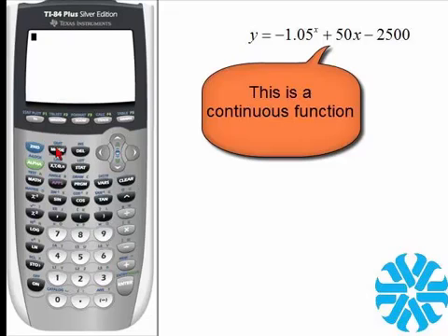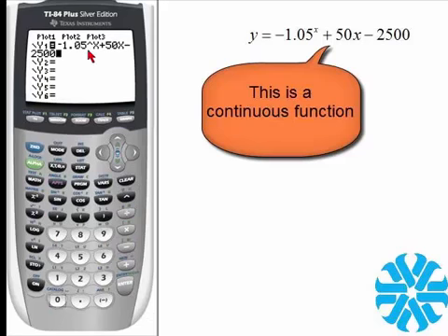Alright, so let's first input the function, and that is y is equal to negative 1.05 raised to the x power plus 50x subtract 2500.